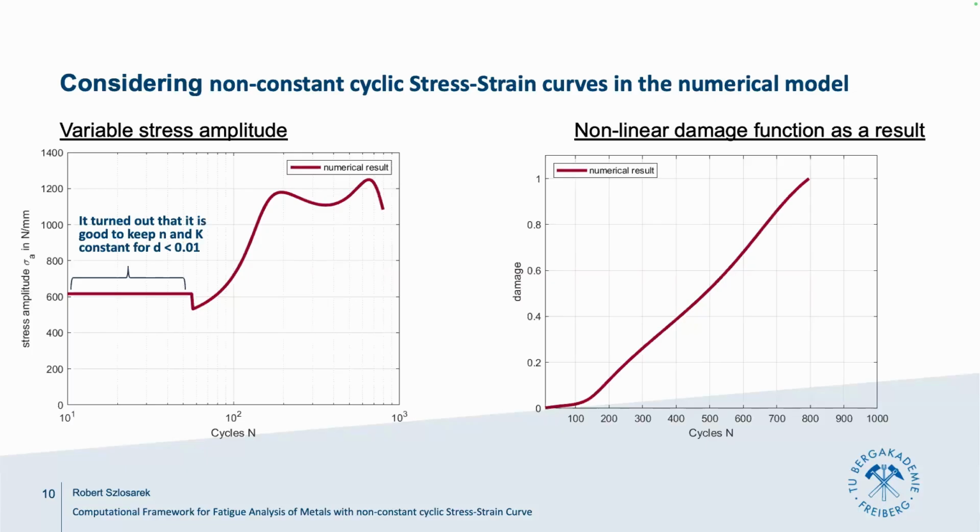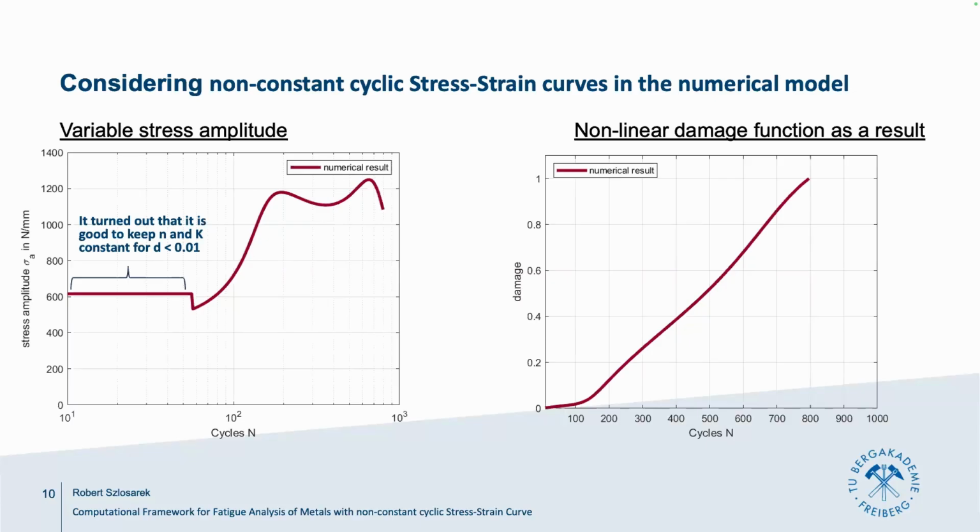It turned out that in the numerics this is more stable; without keeping this constant, I got non-feasible results. This area looks quite big since we have a logarithmic scale, but it is just 1% of the lifetime.